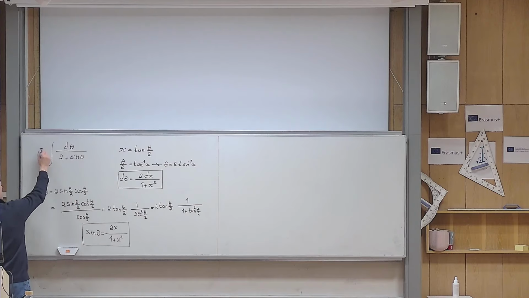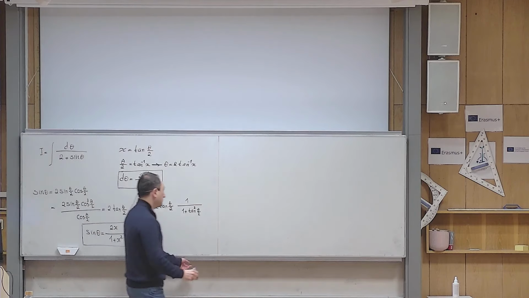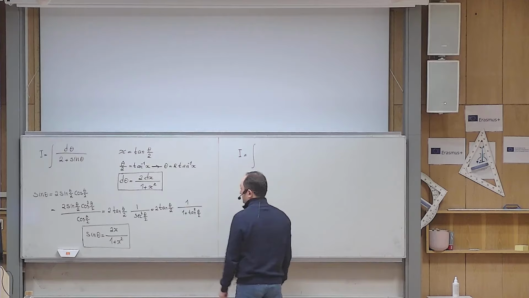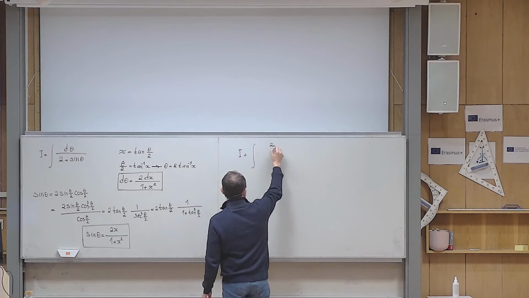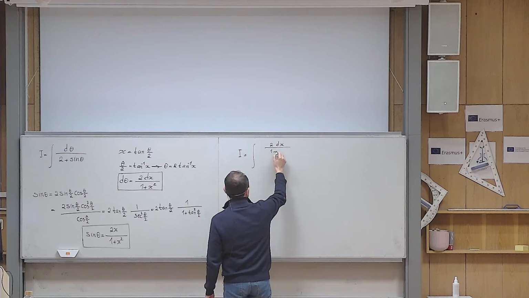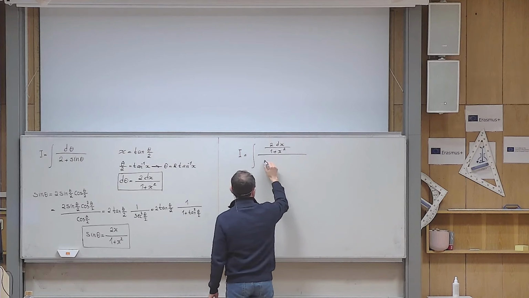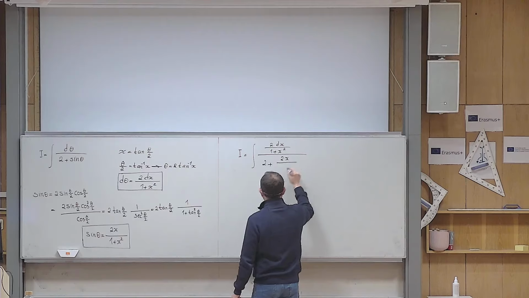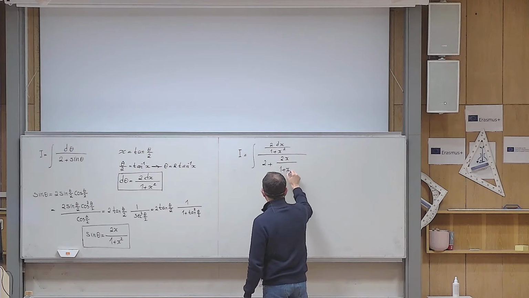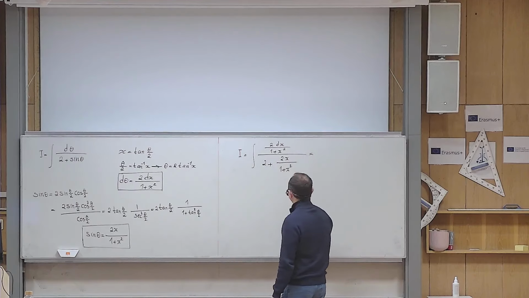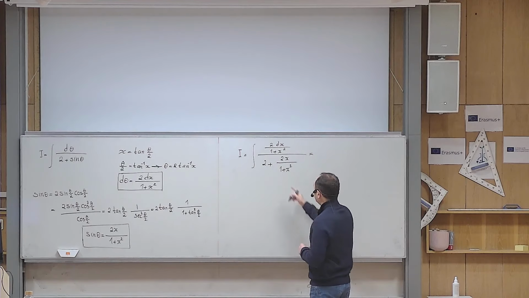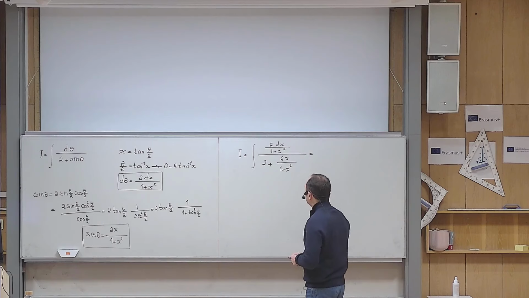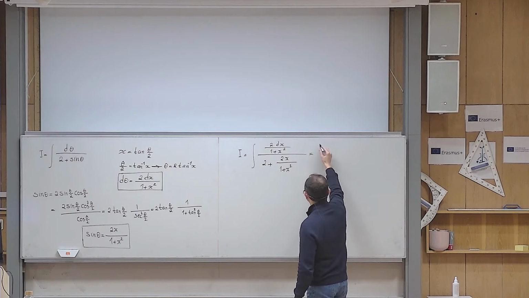And now if I call my integral I, I can use these substitutions to write I equals the integral, instead of d theta, I put this expression, over 2 plus, instead of sine theta, I put that expression. Then I multiply the numerator and the denominator by 1 plus x squared. I can also factor out a 2, which cancels that factor of 2, so the integral becomes extremely simple.